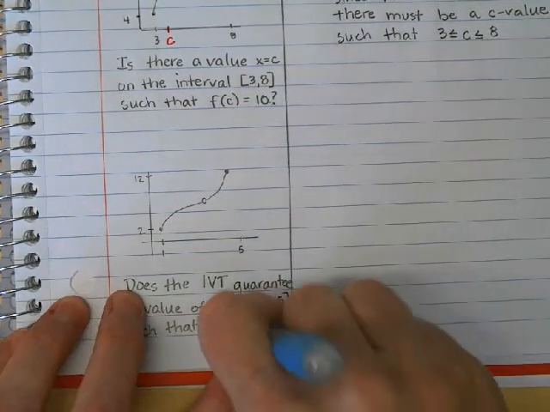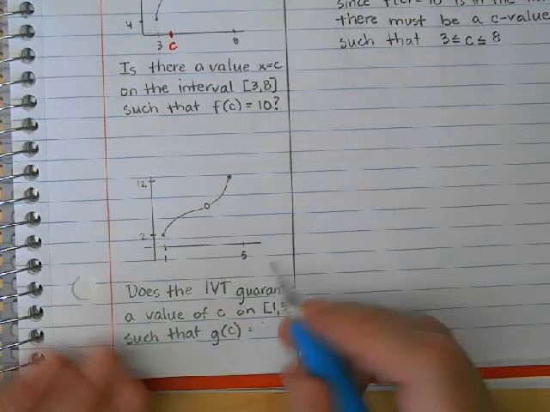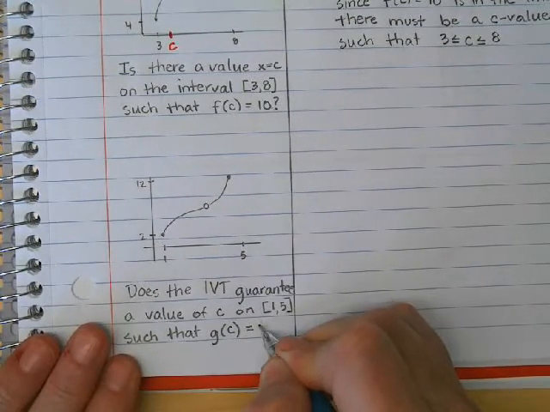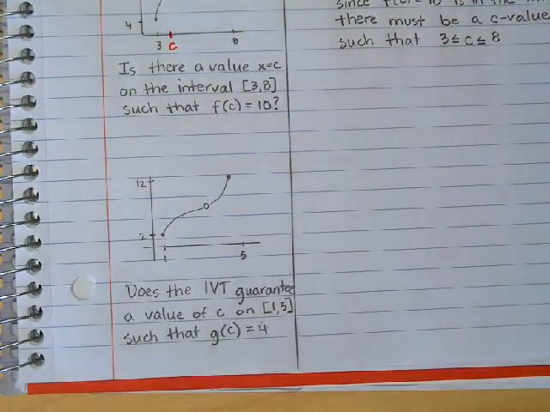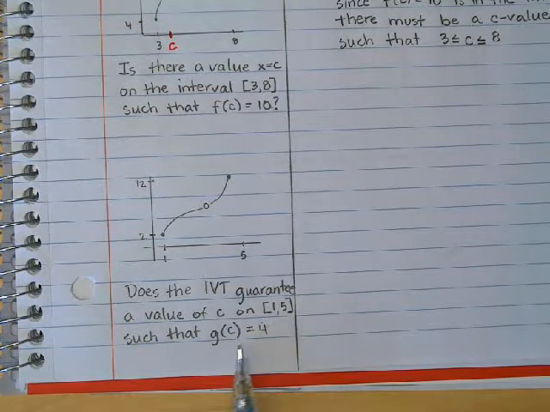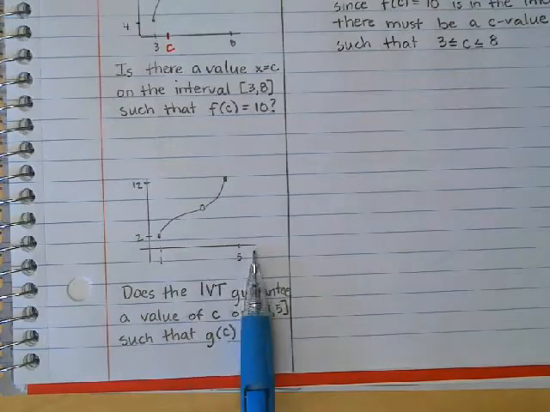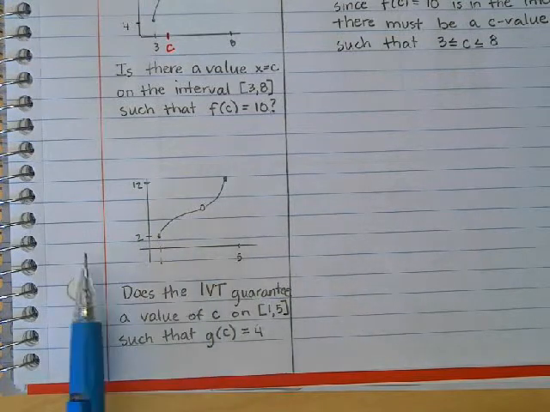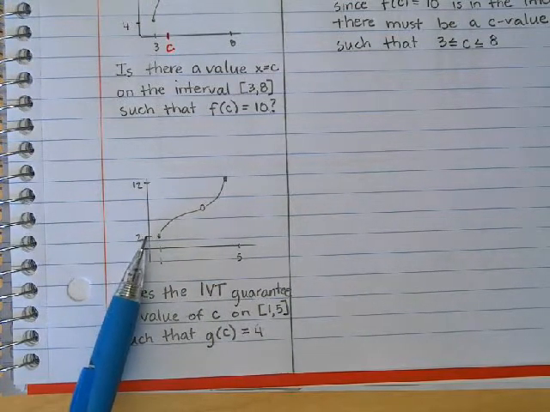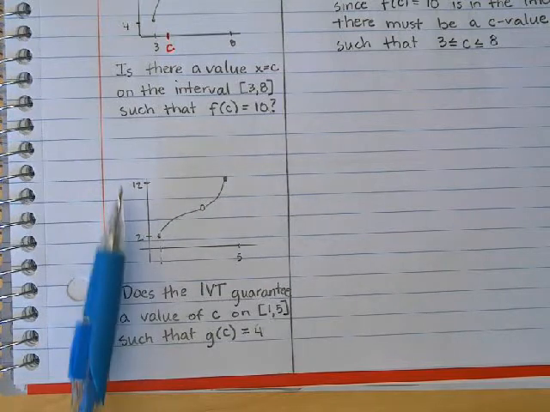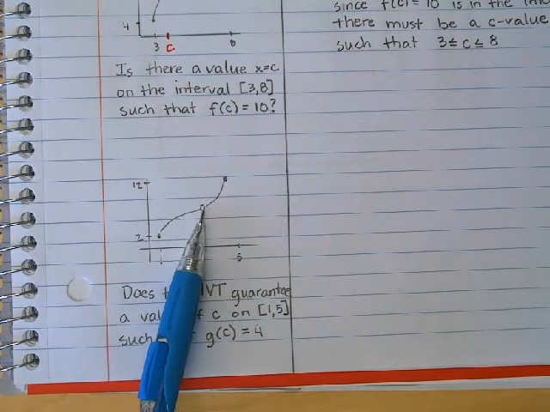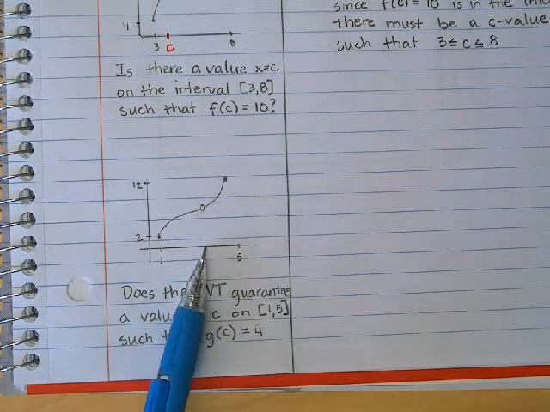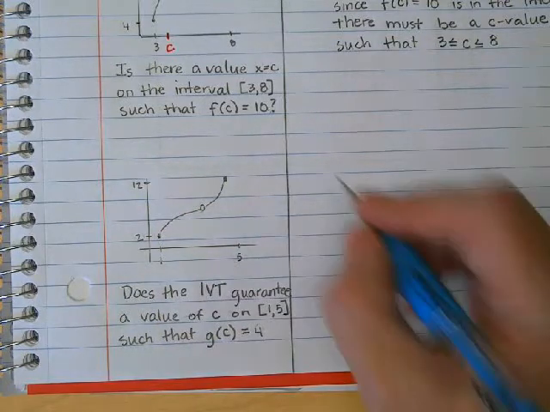Or let's not even make it 6. Let's make it 4. So they want to know, is that guaranteed in here? They're giving you a number in here, so it has to go everywhere. All the y values have to go between 2 and 12. But we don't know where that's at. So maybe that's at 4. So I can't guarantee it.